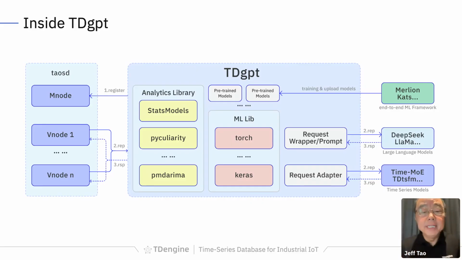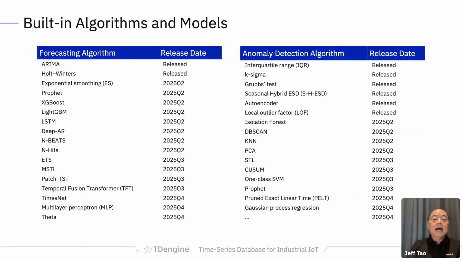Probably it will be released very soon. Here, I listed all those built-in algorithms. If you find that your algorithm is not there, you can integrate it yourself. It's very straightforward. If you go through our TDengine website, we give you the details.